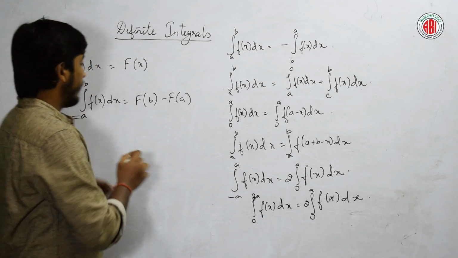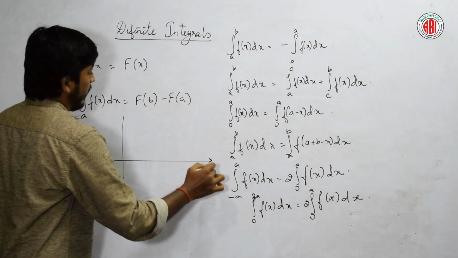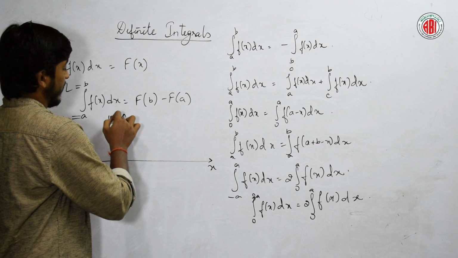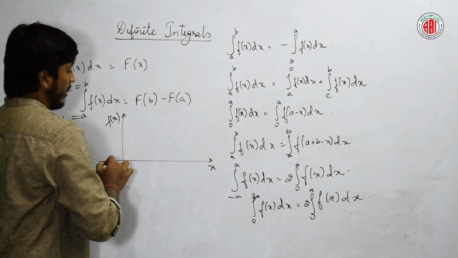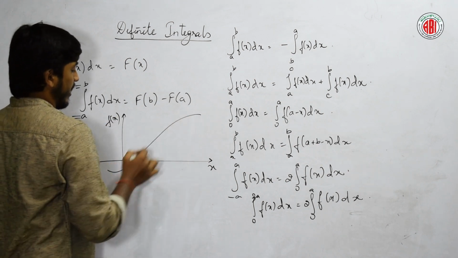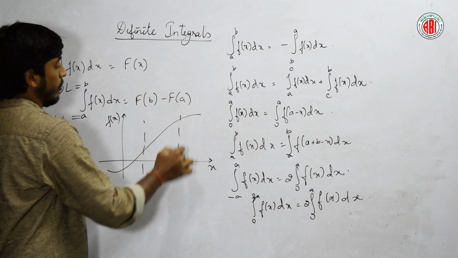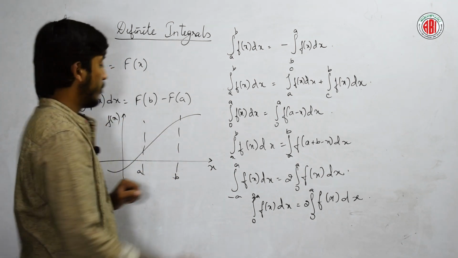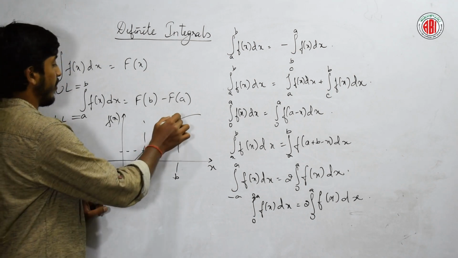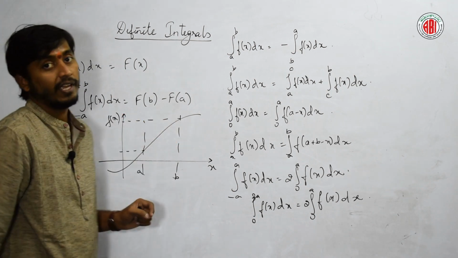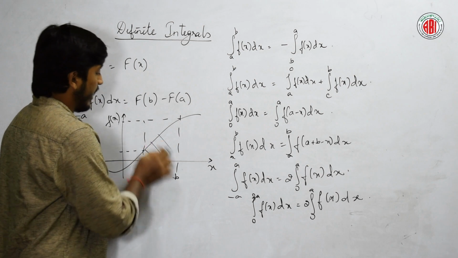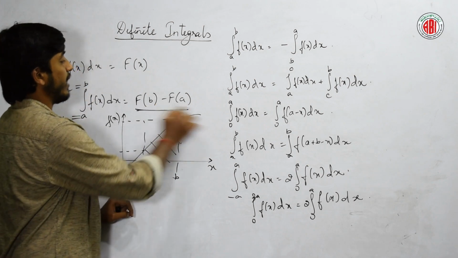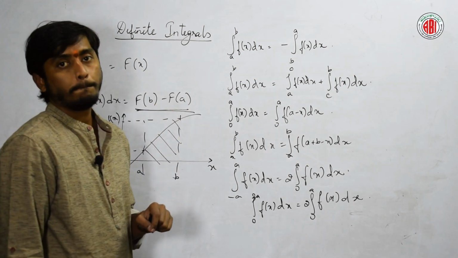Is it clear? For example, if f of x is a function, then it has some area from a to b. Clear? So this will be my small f of a and this will be my capital F of a, and the total area is given by F of b minus F of a.